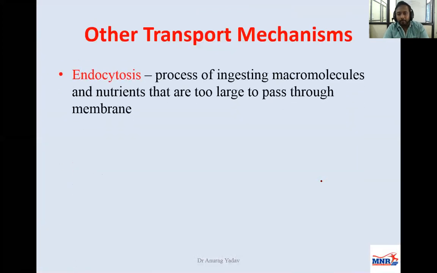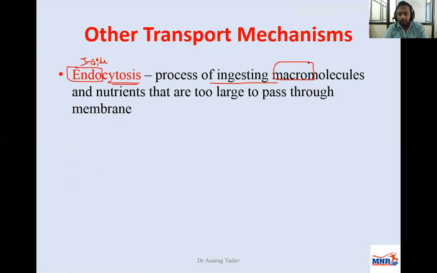What are the other transport mechanisms of the cell? One of such is endocytosis. Means what? Endo means inside. Okay, something is taken inside the cell. That is ingestion of bigger molecules, not the small ones like ions and all. They are already handled by passive diffusion.